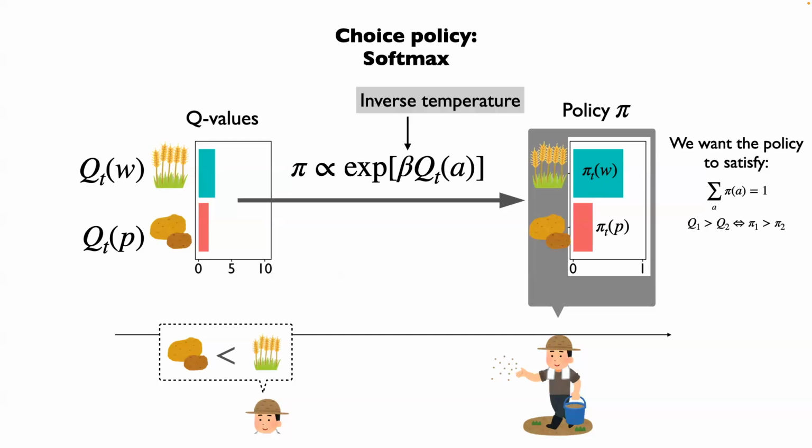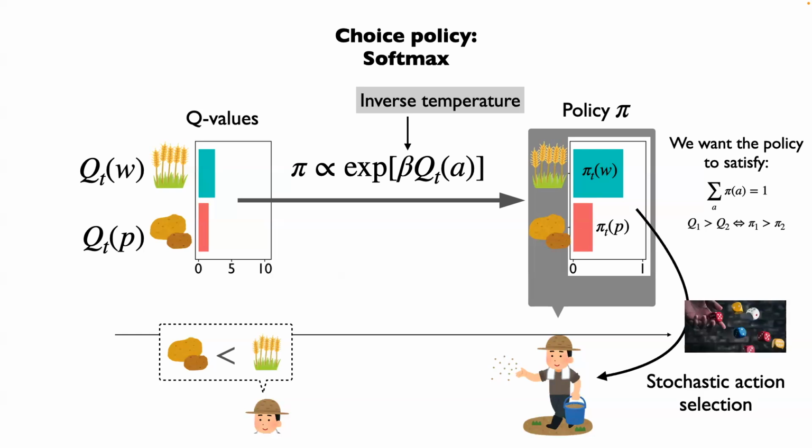Beta is sometimes called inverse temperature because it looks like the temperature parameter in physics, but inverted. Anyway, now we have the decision-making probability for each option.